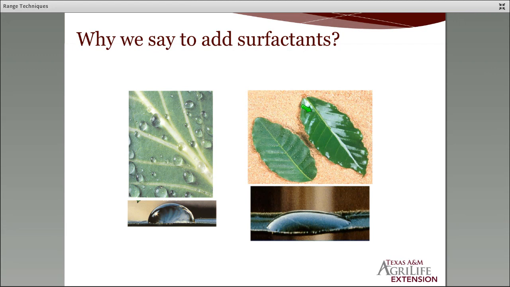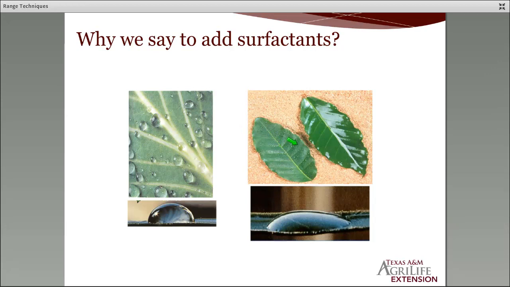Okay, now to the part on surfactants. Anytime I talk about surfactants, I always like to compare them to dribbling a basketball on a court. If you have that basketball aired up nice and tight, very little of the basketball comes into contact with that court. That is kind of like these droplets right here.